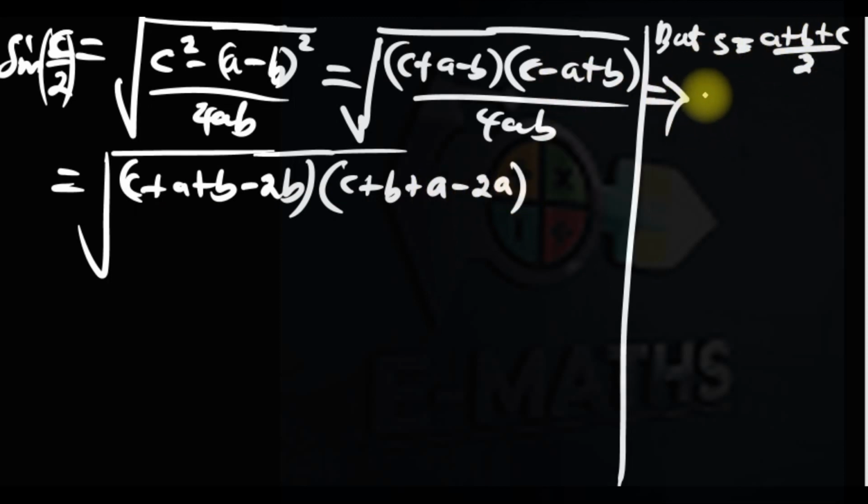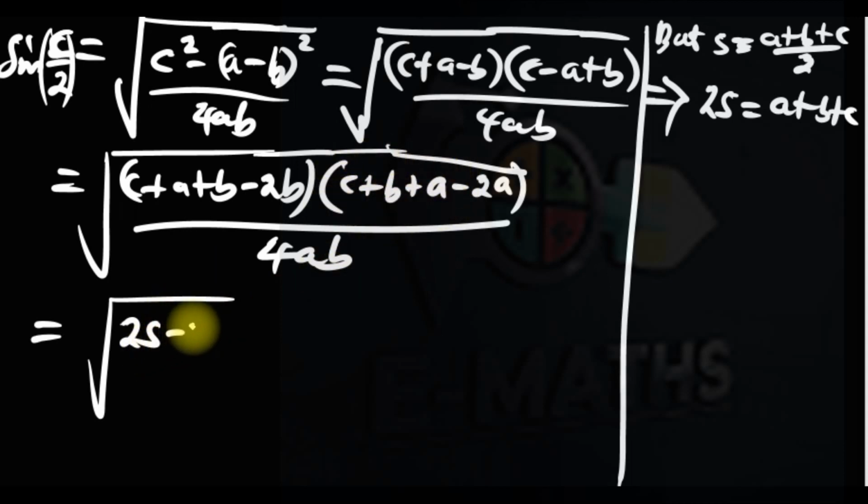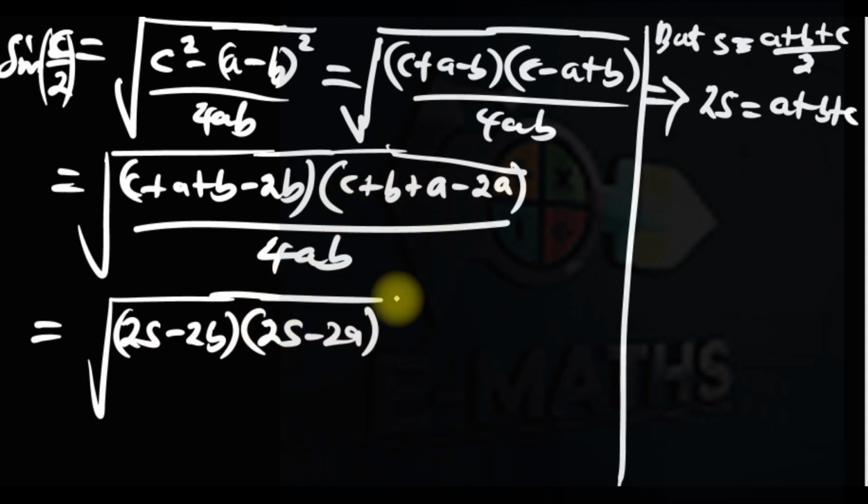Because I want to bring in this, if you make this 2x, now a plus b plus c, I will replace a plus b plus c with 2x. That's what I'm planning to do. That's why I replaced it with x. So here now I have 2x minus 2b times 2x minus 2a over 4ab.